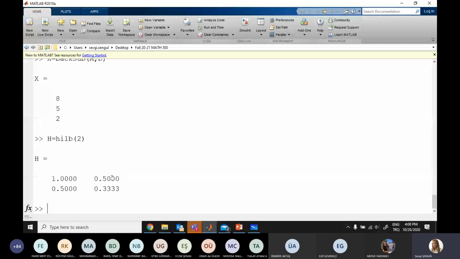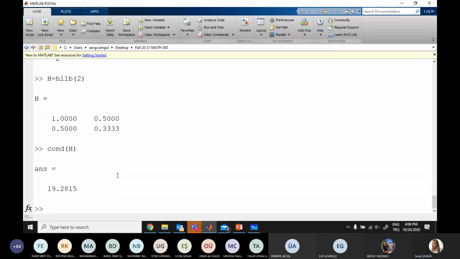And if you want to work with this matrix and want to see how robust it is, the condition number is 19, which means that small errors in the input, if you put any B and change the input, can get magnified by 19 in the output. Okay, so you want this number as small as possible.